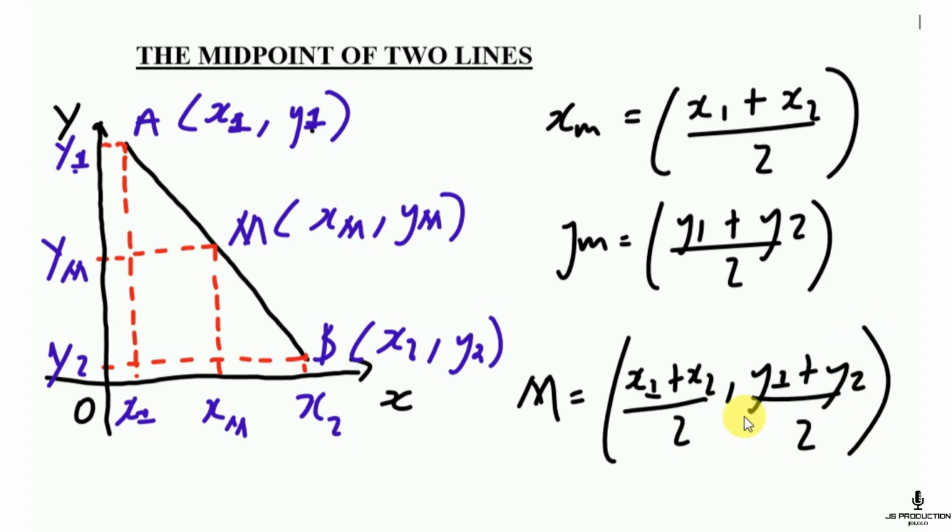And as you can see, this formula is just derived from xm and ym. So this is my xm and this is my ym. Let us now look at the examples.